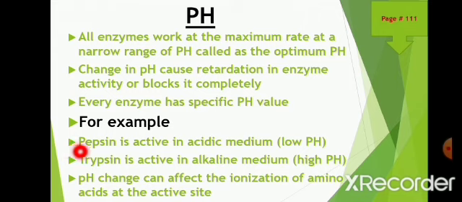Trypsin is active in alkaline medium. Trypsin is an enzyme that works in the small intestine and it has high pH. Its pH is 8. pH change can affect the ionization of amino acids at the active site.